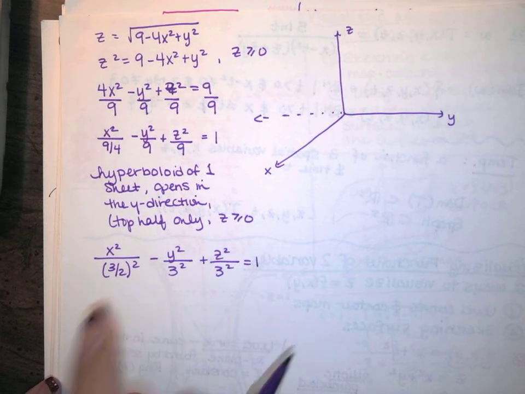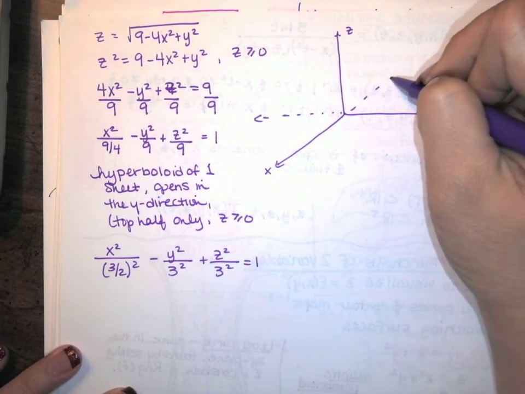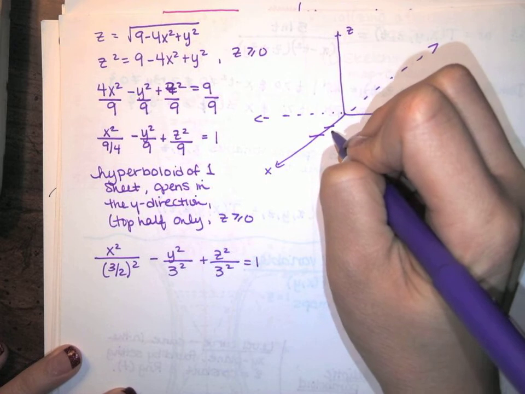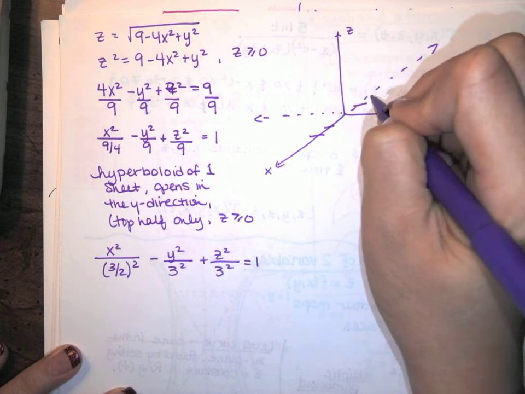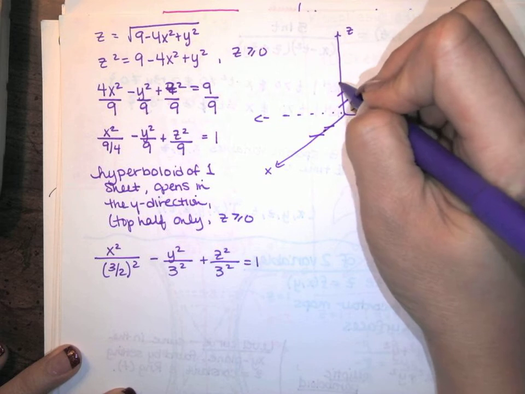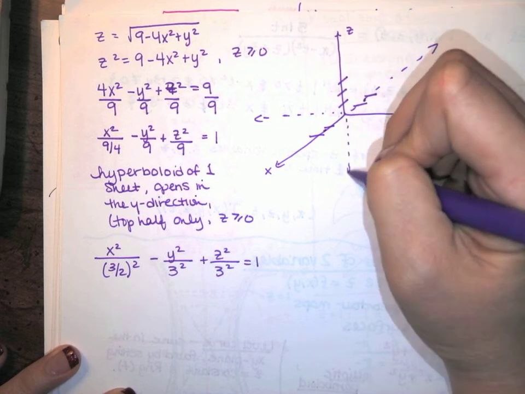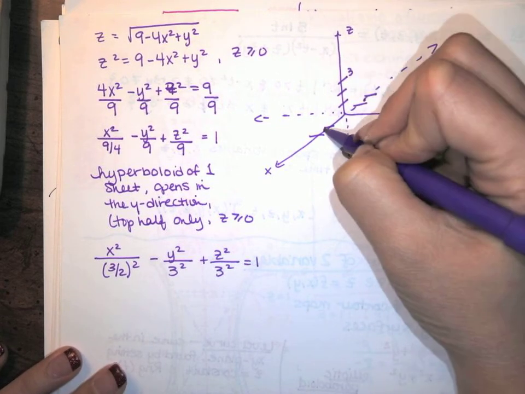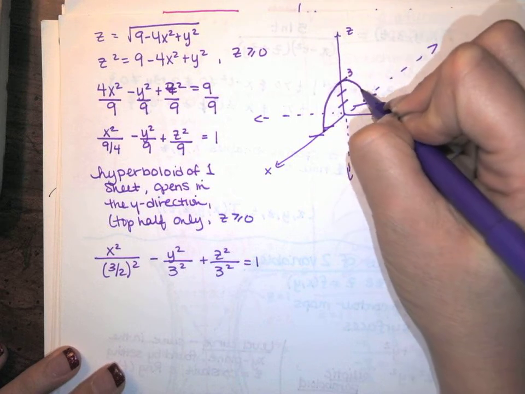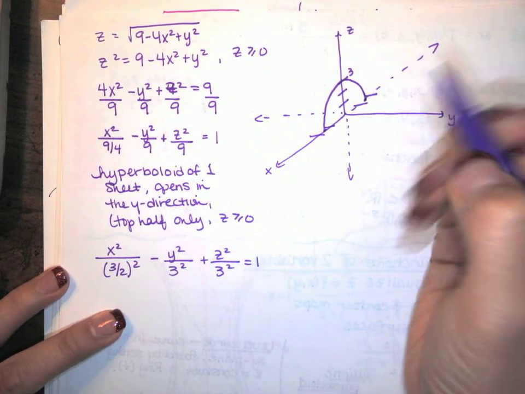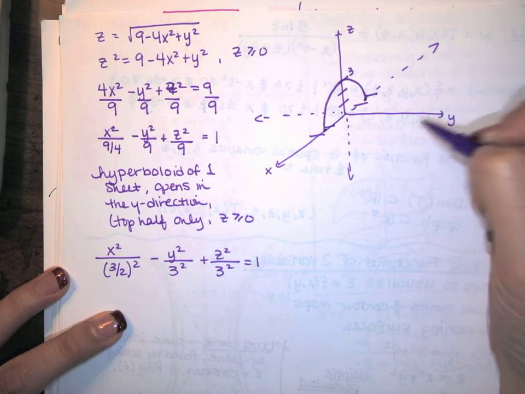So we're going to go plus and minus 1.5 units in the x direction, plus and minus 3 units in the y or the z direction, or that's where we would go, but we're only doing the positive part. So it looks like this approximately. And then it's a hyperboloid of one sheet, so it's going to be larger over here.